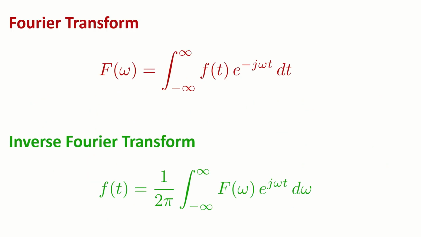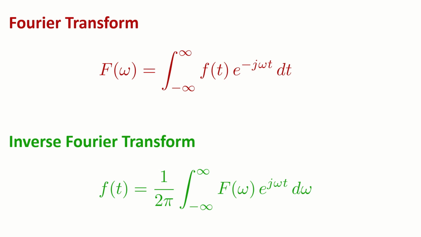Let us summarize the definitions of the Fourier transform and the inverse Fourier transform. The Fourier transform is obtained by integrating from minus infinity to infinity the function f of t multiplied by e raised to power minus iota omega t. The integration is performed over t. Whereas the inverse Fourier transform is equal to the integration from minus infinity to infinity of F of omega multiplied by e raised to power iota omega t.